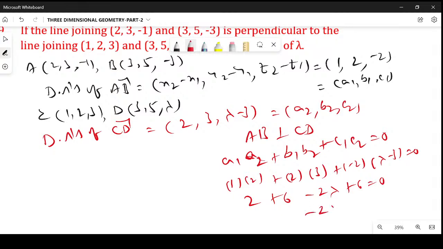So you will get 14 minus 2 lambda equals 0, so lambda is equal to 7. We got lambda is equal to 7. That's the value of lambda. Correct?